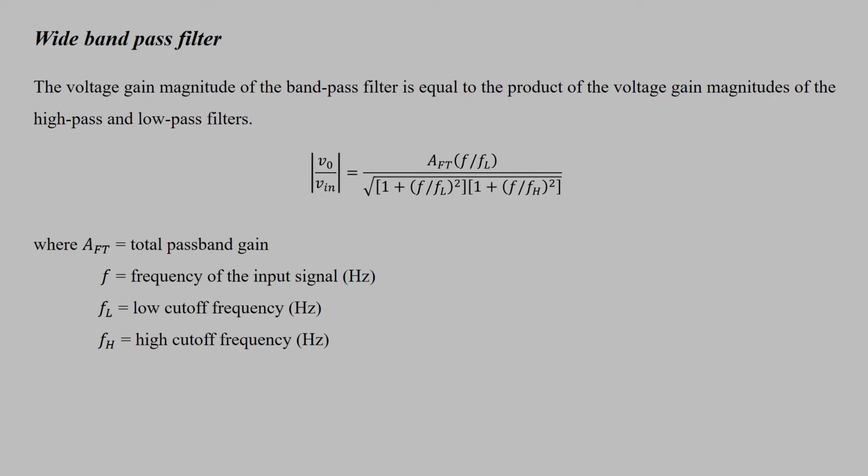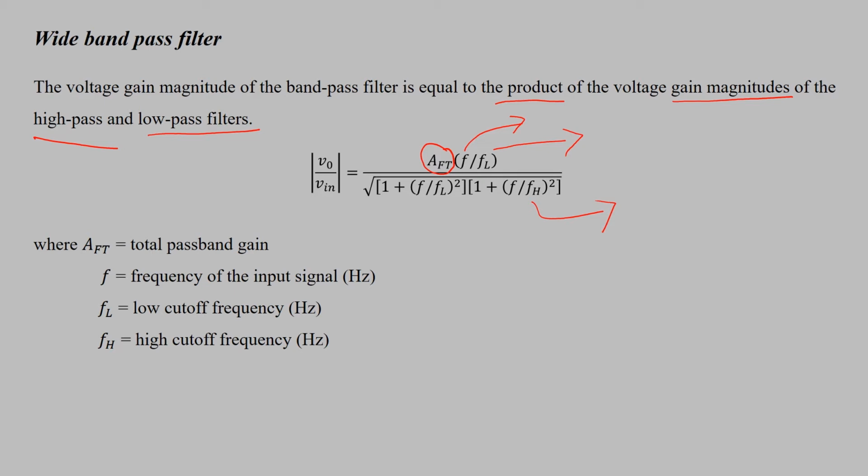The voltage gain of a band pass filter is equal to the product of the voltage gain magnitudes of the high pass and low pass, as they are connected in series. So this becomes AFT, the total band pass gain, where F is the frequency of the input signal, FL is the low cutoff frequency and FH is the high cutoff frequency, all in Hertz.